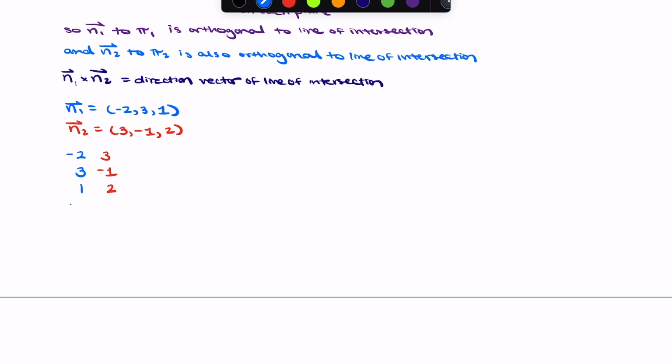So here we have negative 2 and 3, and we have 3 and negative 1. Remember, we ignored the first line here, then we cross the rest.